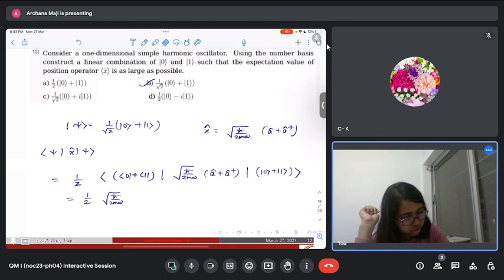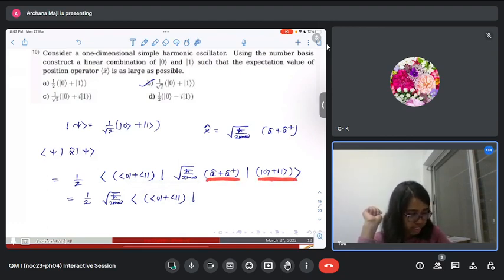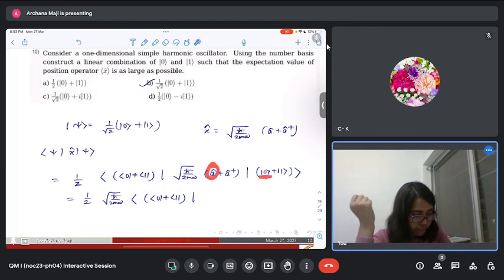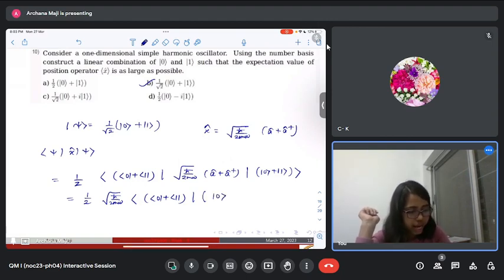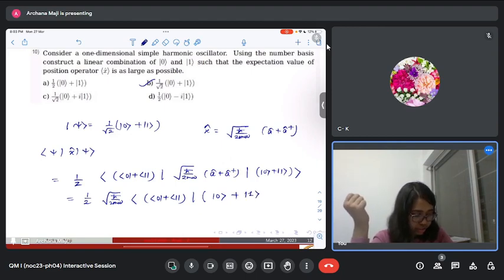Let's keep the dual vector as it is and act this operator on the state. When a hits |0>, it gives 0. When a hits |1>, it gives square root 1 times |0>. When a dagger hits |0>, it gives square root of n plus 1, that means |1>. When a dagger hits |1>, it gives square root of 2 times |2>.